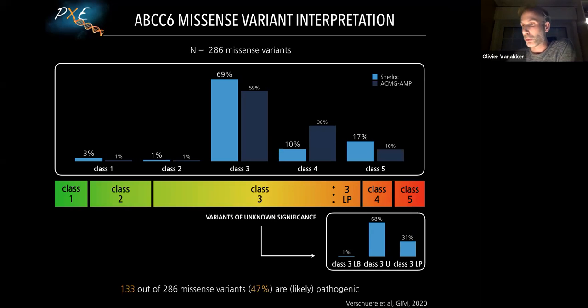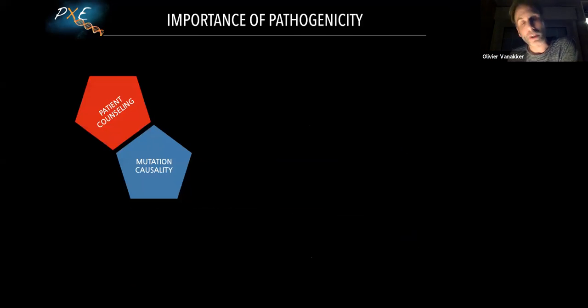And sometimes you have to correct certain of this information, or admit that with the current information we can't be so sure anymore. Is this important? Well, of course, you can say, it's just 2 mutations. I already know that I have PXE because I have the symptoms, and I had a skin biopsy taken, and there is mineralization. So whether the 2 variants are really causal or not, what are you fussing about?